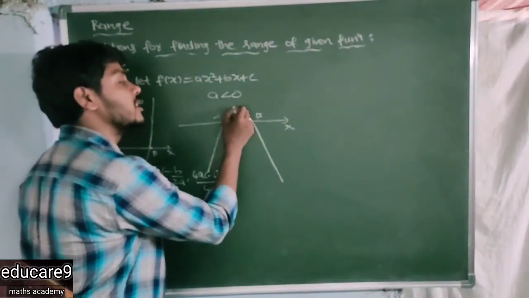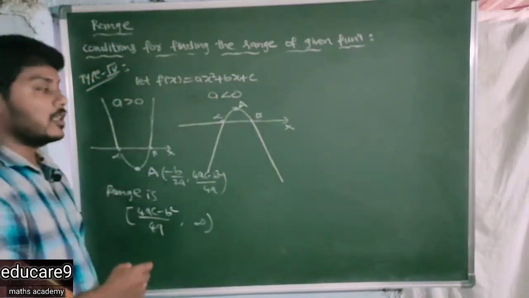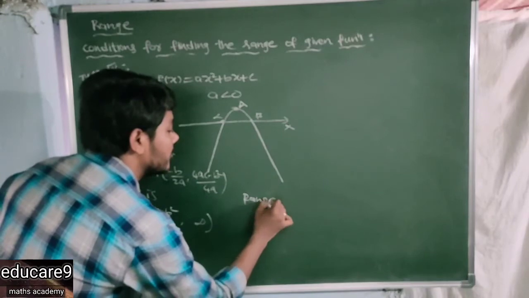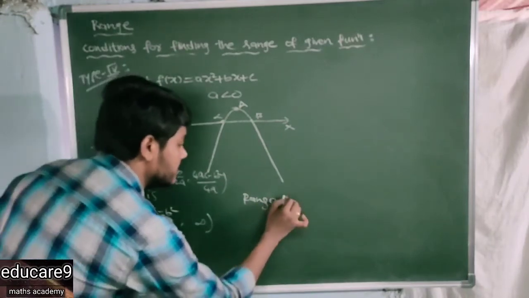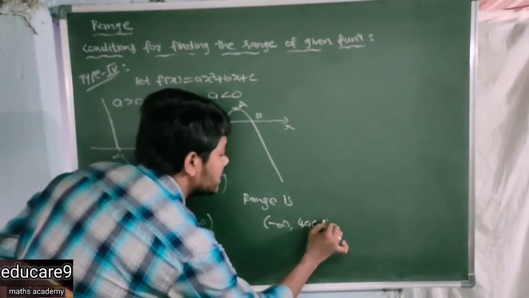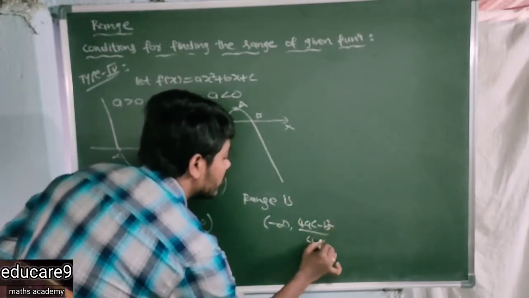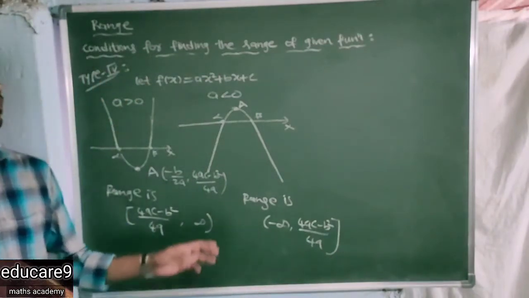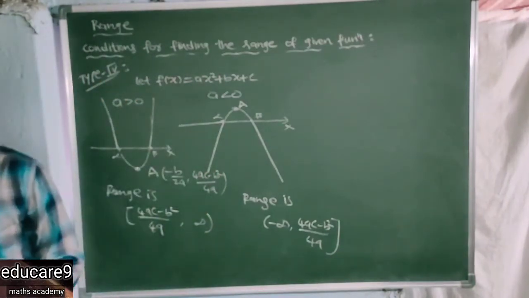That maximum value occurs at minus b by 2a. Therefore the range of the given function is minus infinity comma 4ac minus b square by 4a. So these are the ranges of quadratic equations.